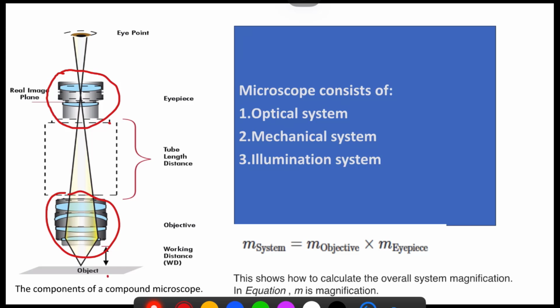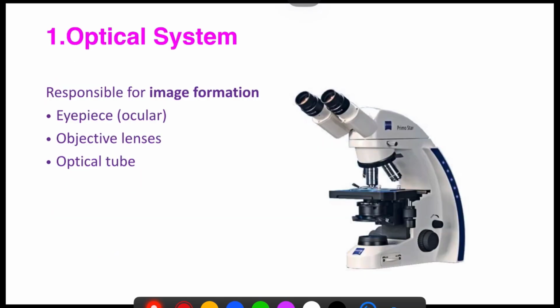So this is the basic part of a microscope. Now magnification depends upon the magnification power of the objective lens and of the eyepiece. So we have to multiply the magnification of the objective and the magnification of the eyepiece.